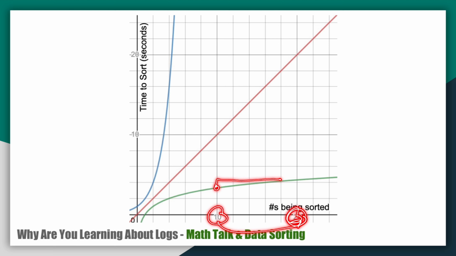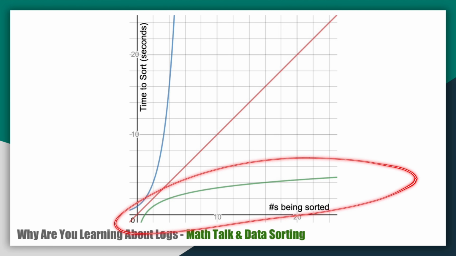And then I go from 20 to maybe 40 to 80, it's just barely going up. So I can add a tremendous amount more data. Yes, I'm still adding time to search or sort it, but it's far less time. In computer science, logarithmic is everything.